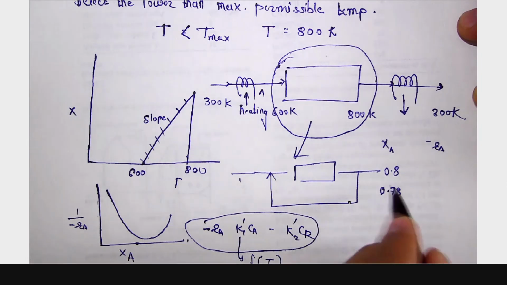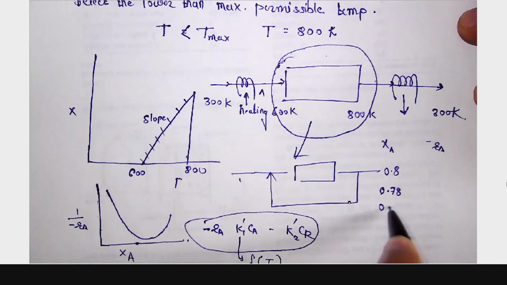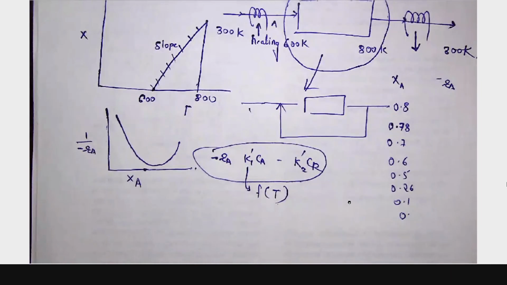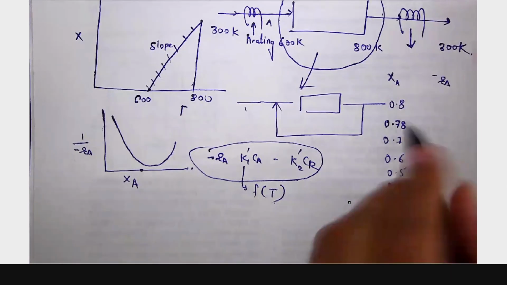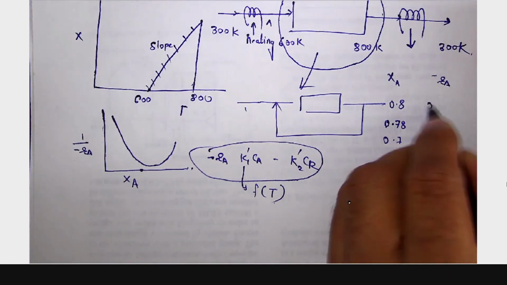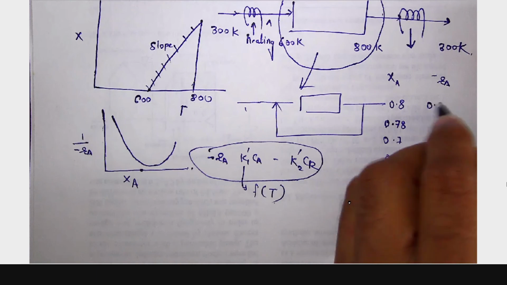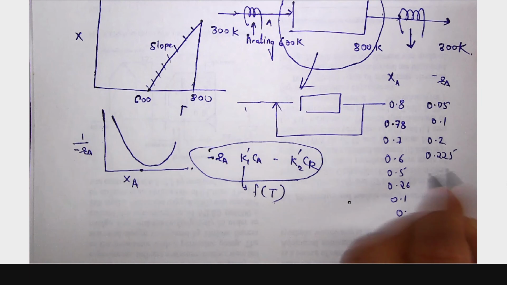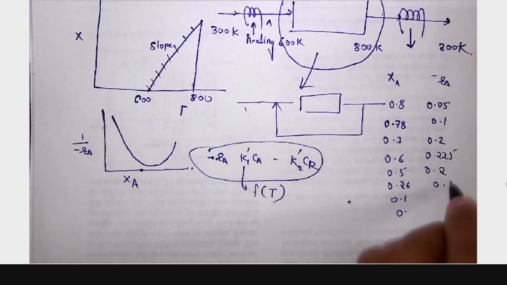So 0.78, 0.7 and so on, 0.6, 0.5, 0.2, 0.1 and 0. And the corresponding R_A values: 0.05, 0.1, 0.2, 0.225, so 0.2, 0.1, 0.05 and lastly 0.03.